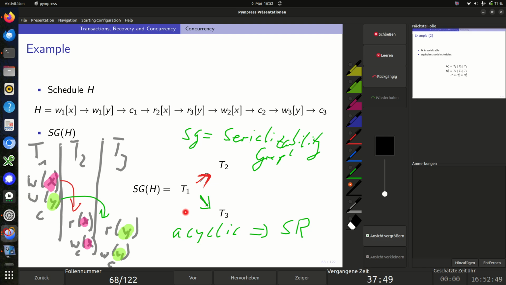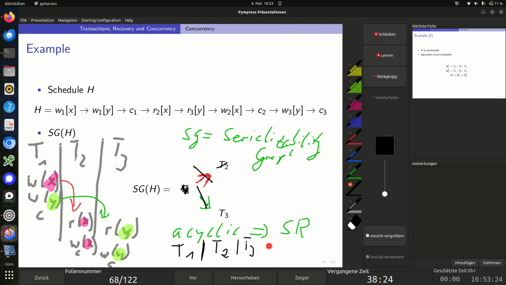T1, of course, because, as in getting the topological ordering, we always take a node with no arrow pointing to it. There's no arrow pointing to T1, so we can take T1. We can also then remove those 2 arrows. So what could we pick next? For example T2, and then T3.